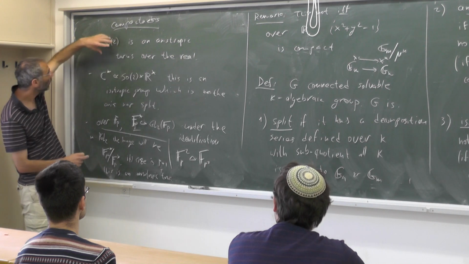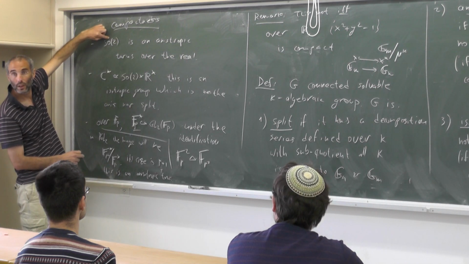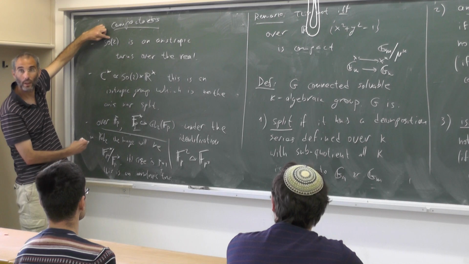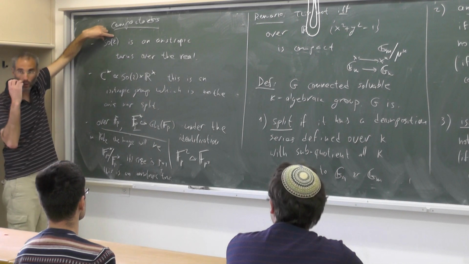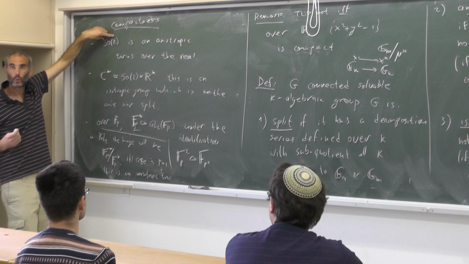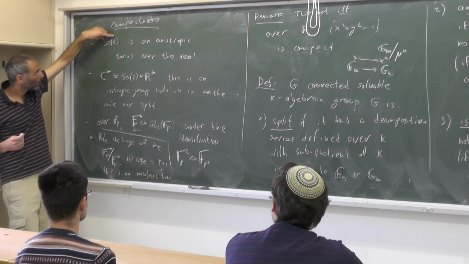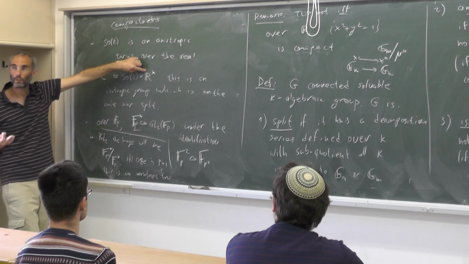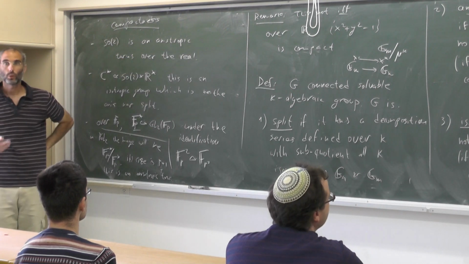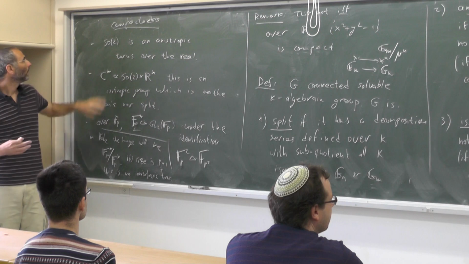So this anisotropic torus is related to the fact that for the reals I have a field extension of order 2. This is why I do have such a torus.